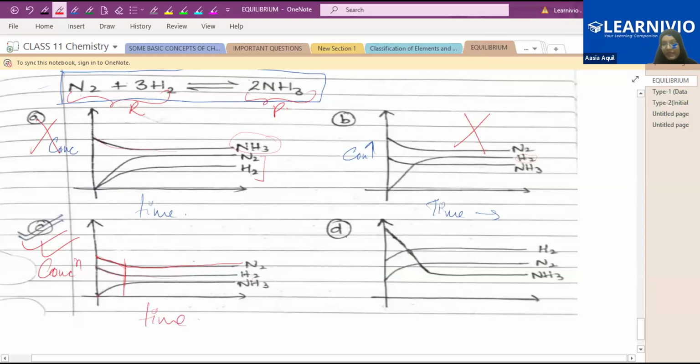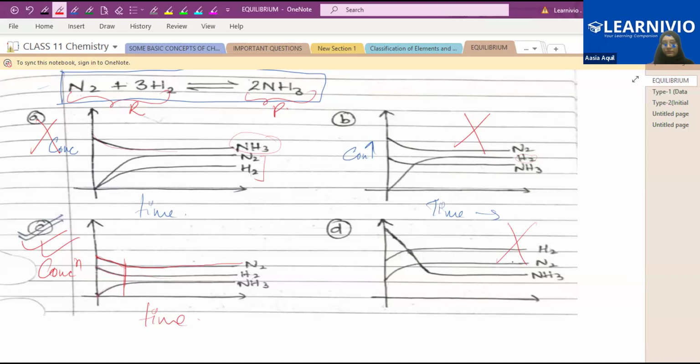Now check this D graph. Here for H2 and N2, the concentration increases, and for NH3, it decreases, which is again wrong. So these three graphs are wrong. The correct representation of this equilibrium graph, concentration versus time, is C. Is it clear to everyone?